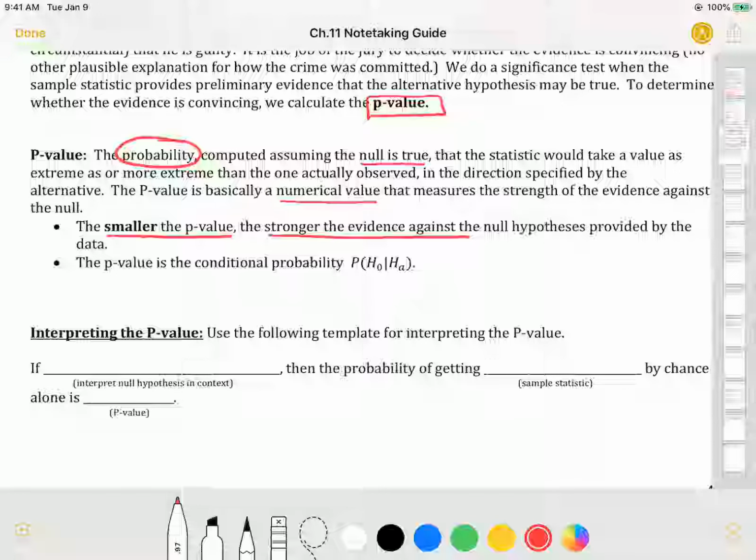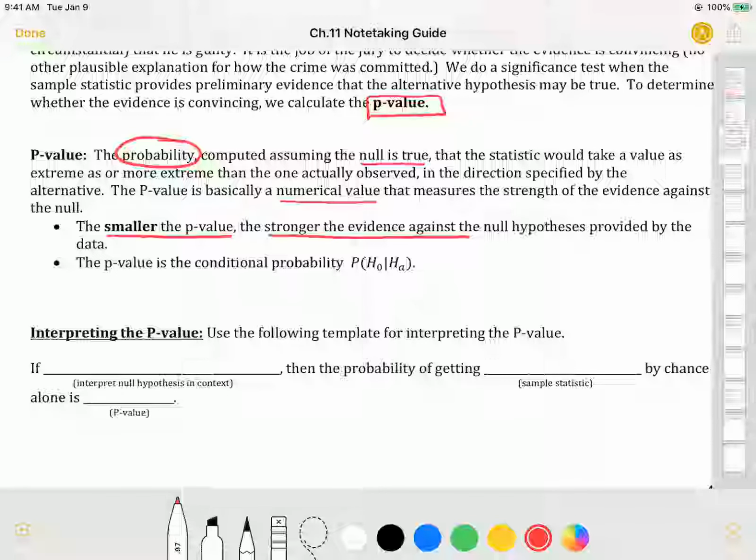Essentially, if we want to get into the nitty-gritty of this, the p-value is the conditional probability that, given HA is true, so given the alternative is true, then what is the probability that the null and the alternative will also be true.